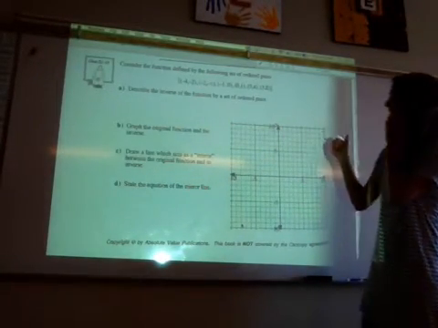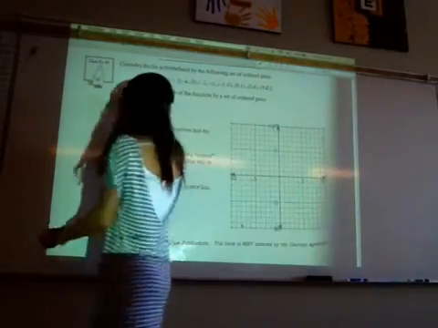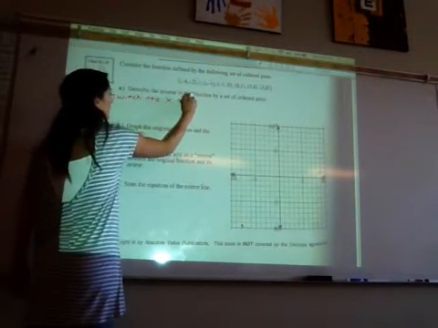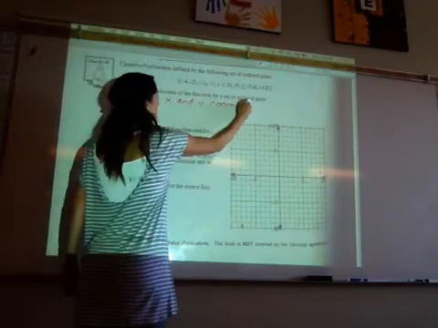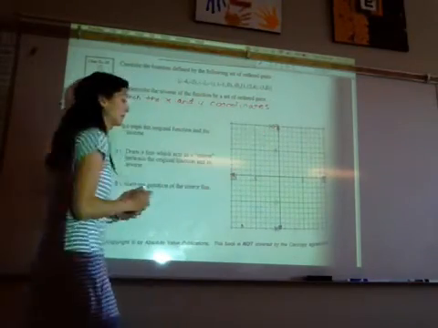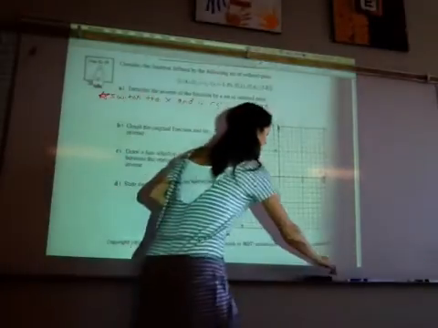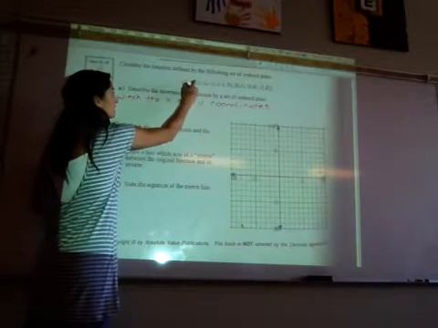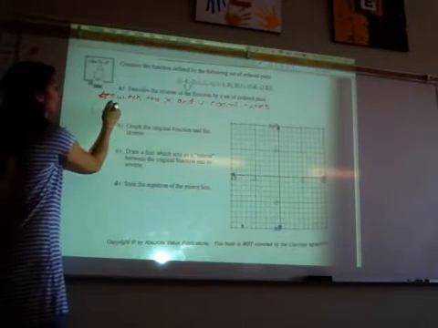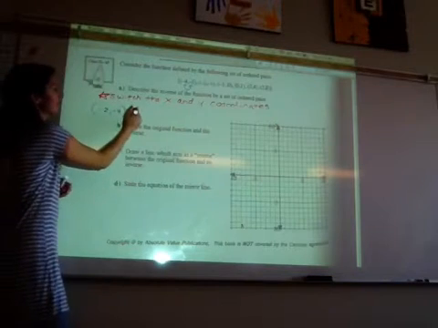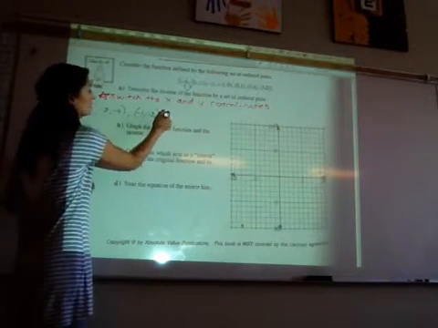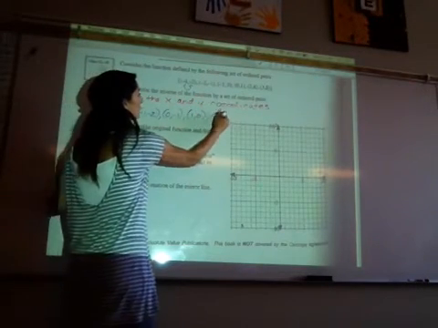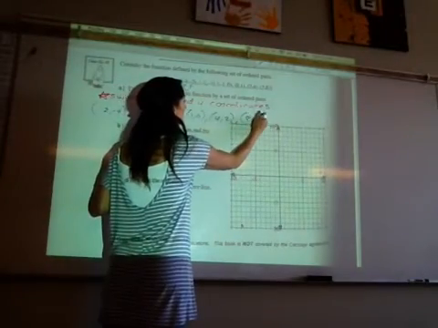In order to find the inverse, remember, we switch the x and y coordinates. So up above we have our set of ordered pairs. Our new ordered pairs is just switching the x with the y. So we're going to get -2, -4, -1, -2, 0, -1, 1, 0, 4, 2, 8, 3.